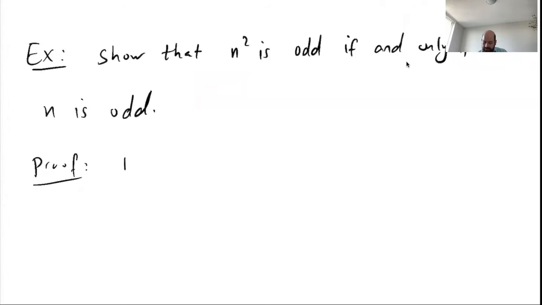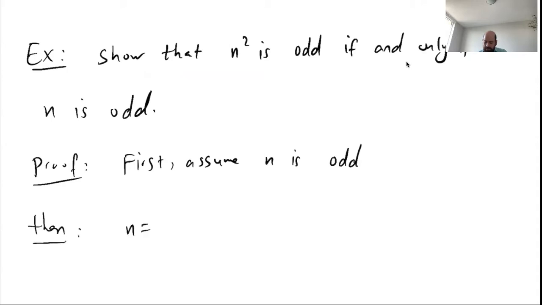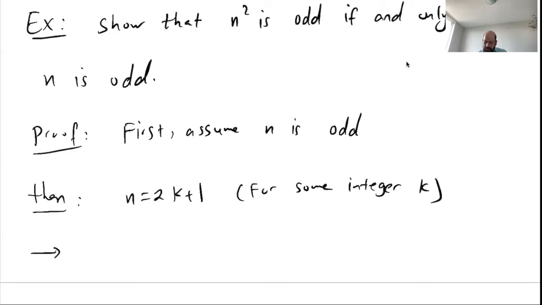So first, assume that n is odd. Then n is equal to 2k plus 1, for some integer k, and therefore n squared will be (2k plus 1) squared.